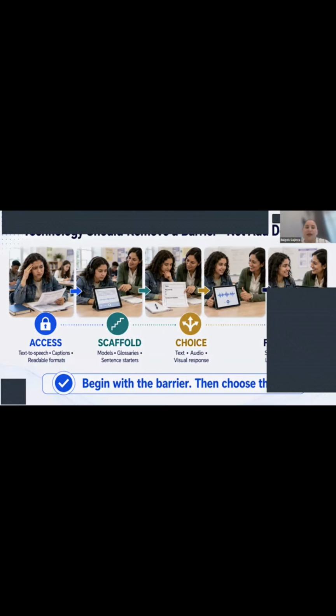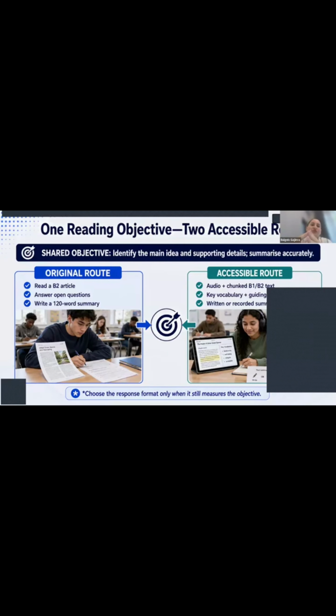We have different AI tools you already know, like Grammarly, Claude, Gemini, or ChatGPT, and many others. Differentiation must always remain aligned with the objective. The support may change, but the learning goal should remain the same.